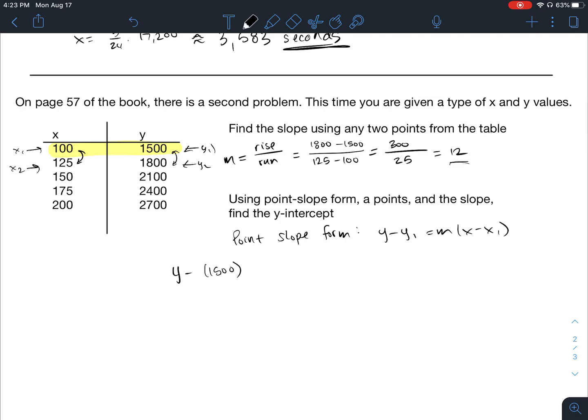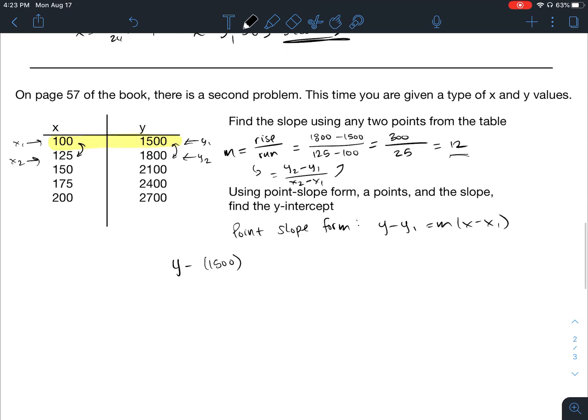This right here is y2. There we go. Rise over run is equal to y2 minus y1 divided by x2 minus x1. And that's what we did right there. Okay, so back to our point slope form: y minus 1500 is equal to our m, which was 12, multiplied by x minus our x1 value, which was 100.